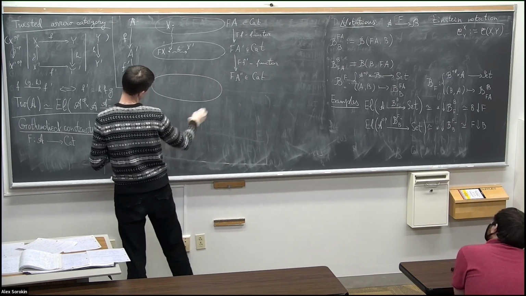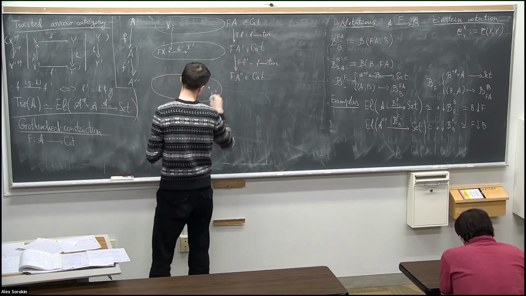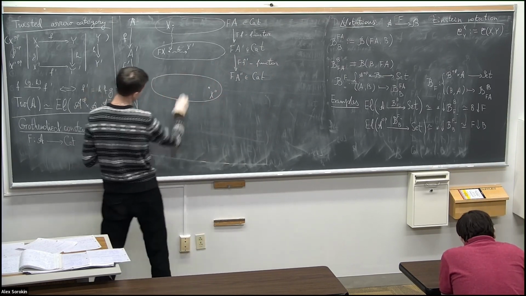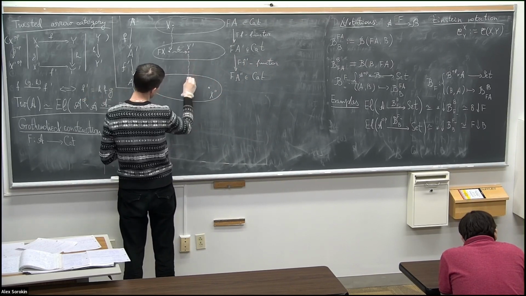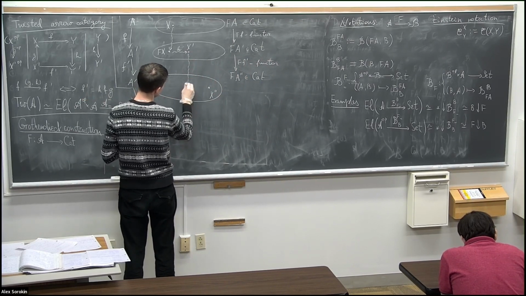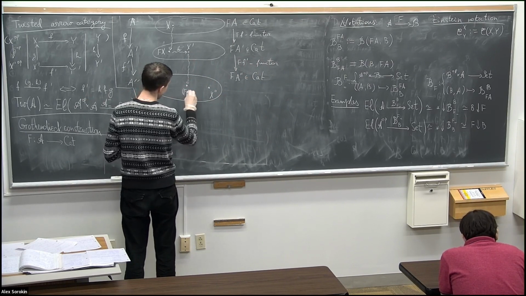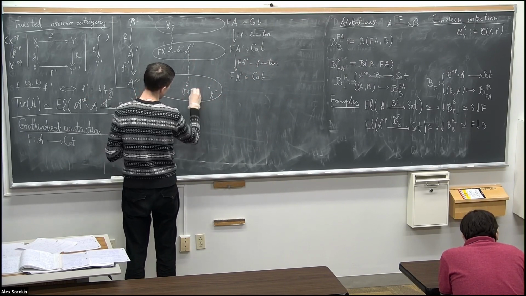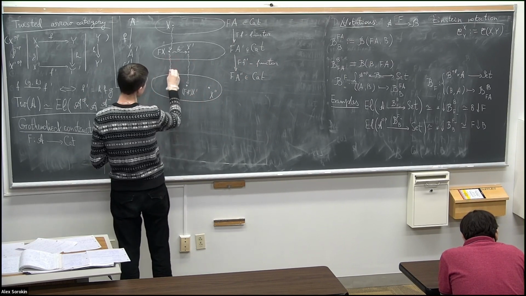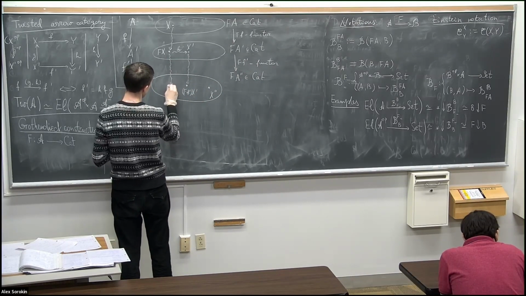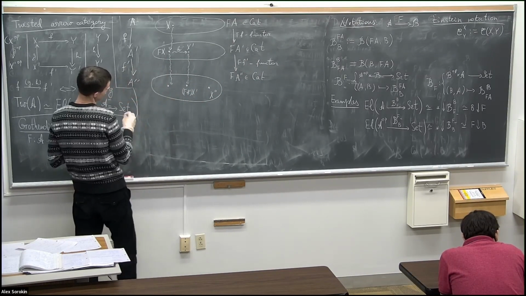Here's my new distinguished object, X double prime. This object also falls down here and becomes F of F prime applied to X prime.